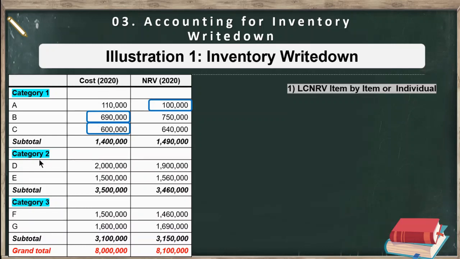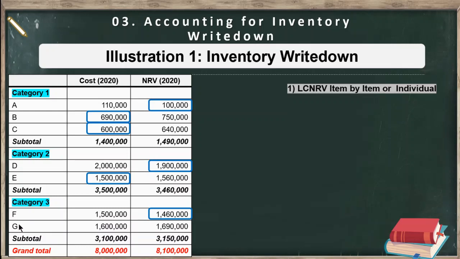Next, we move on to the next category. So you have inventory D. The lower amount is the net realizable value, which is 1,900,000. For inventory E, the lower amount is our cost at 1,500,000. For category 3, inventory F, the lower amount is 1,460,000, which is the NRV.